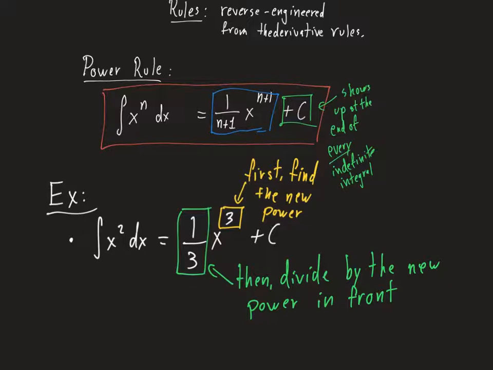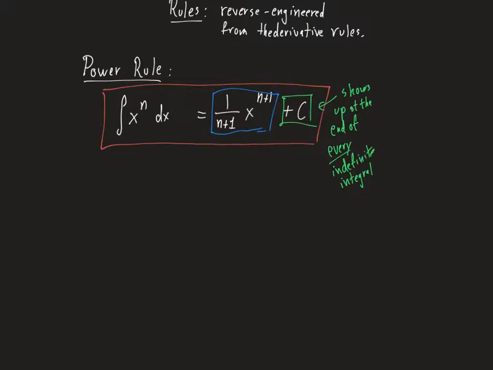Okay. Let's move on to another example. So let's do another example, maybe a bit more funky. Let's do this time the integral of x to the power 11 dx. And you'll see that this is going to give us x to the new power, which will be 12.